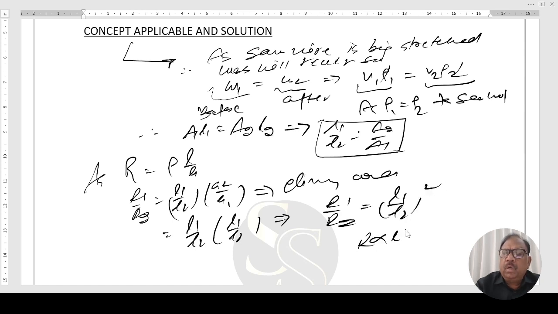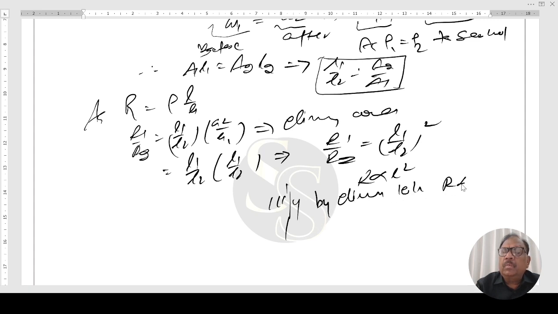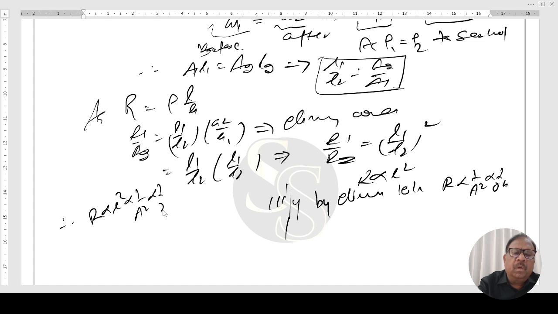Therefore, R proportional to L square. Similarly, by eliminating length, R proportional to 1 over A square and proportional to 1 over r power 4. If the same wire is stretched, R is proportional to L square, inversely proportional to A square, inversely proportional to r power 4.